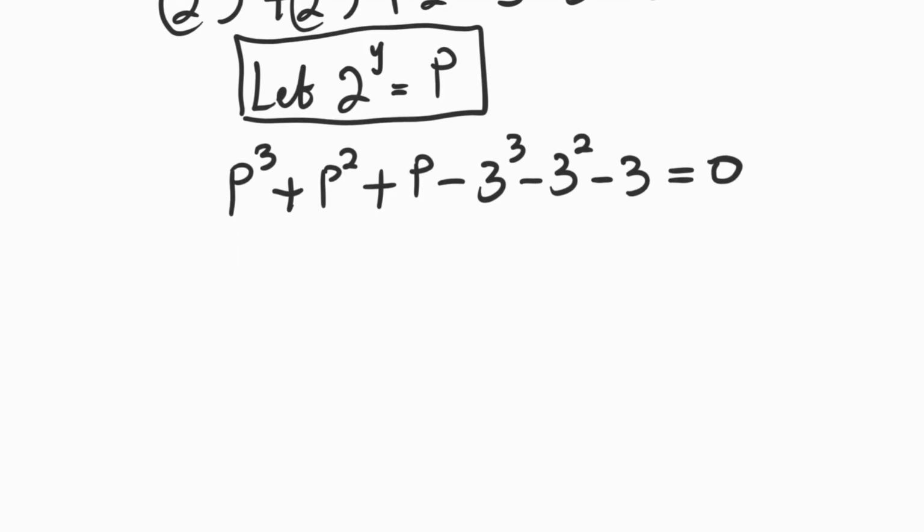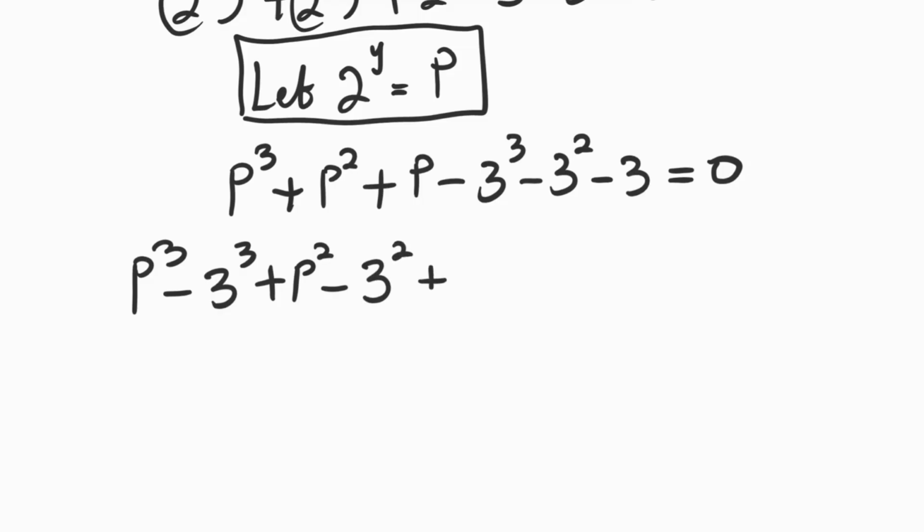Now, let's collect like powers. So we have p cubed minus 3 cubed plus p squared minus 3 squared plus p minus 3 equals 0.